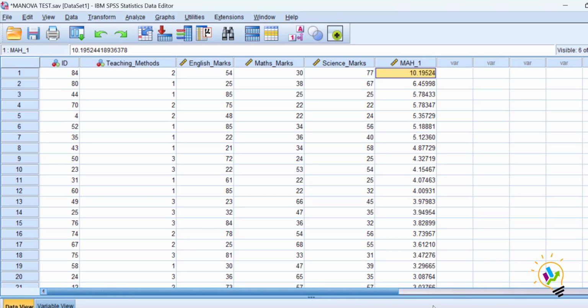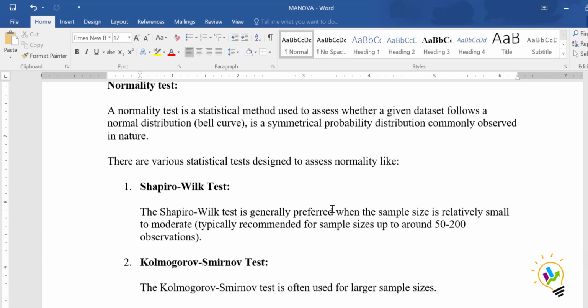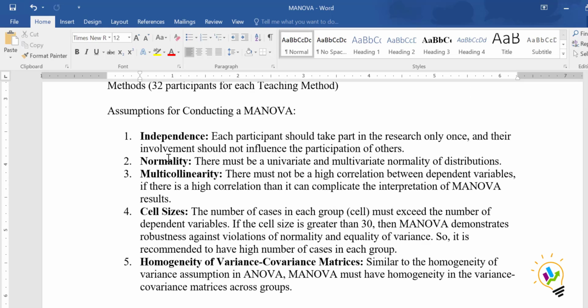So my assumption is fulfilled. We have different assumptions. The first assumption is normality, where we discussed univariate normality and multivariate normality of the distribution. So normality is done.